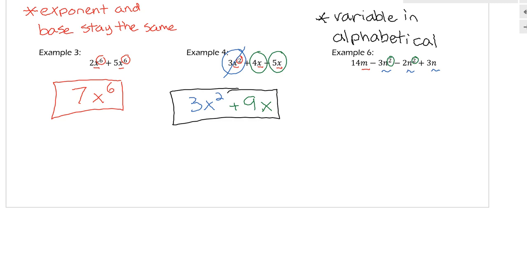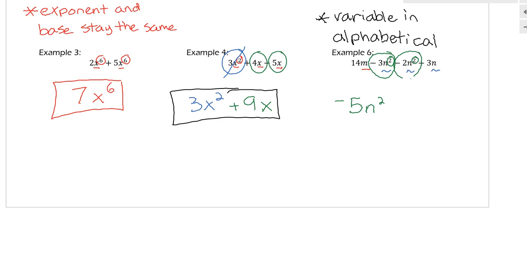Okay. So where are we going to start? We have to start with our highest exponent, okay? So these are the only ones with an exponent, so I'm going to start with the negative 3n squared and negative 2n squared. Negative 3 and negative 2 gives us negative 5n squared.